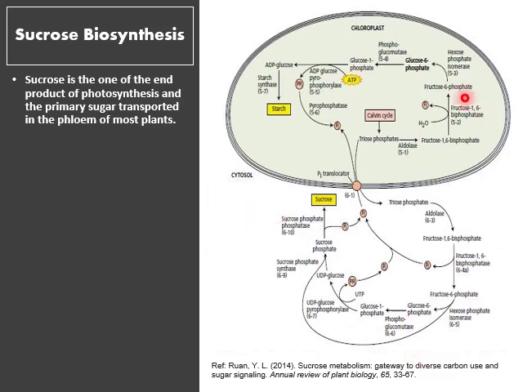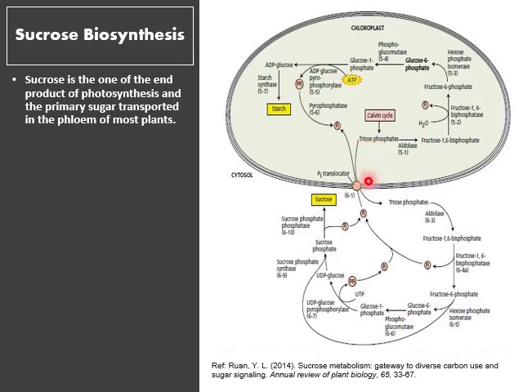If you see this diagram here, sucrose biosynthesis is happening in the cytoplasm of the plant cells. The starting compounds required for sucrose biosynthesis, or precursors, are the three carbon compounds, triose phosphates, which are synthesized during the Calvin cycle or the C3 cycle, or maybe the C4 cycle in the case of sugarcane.